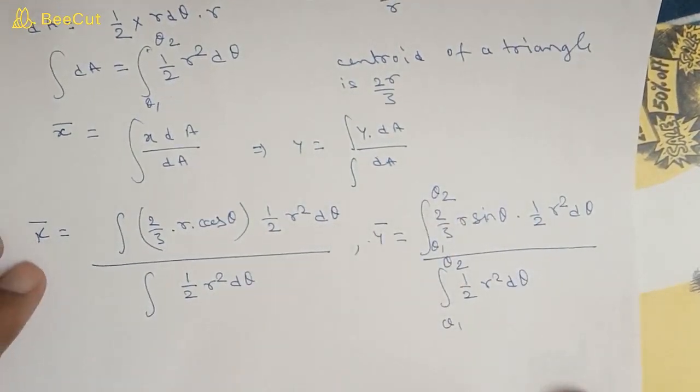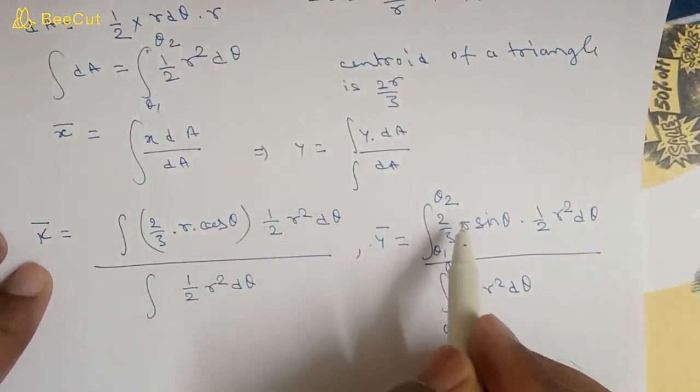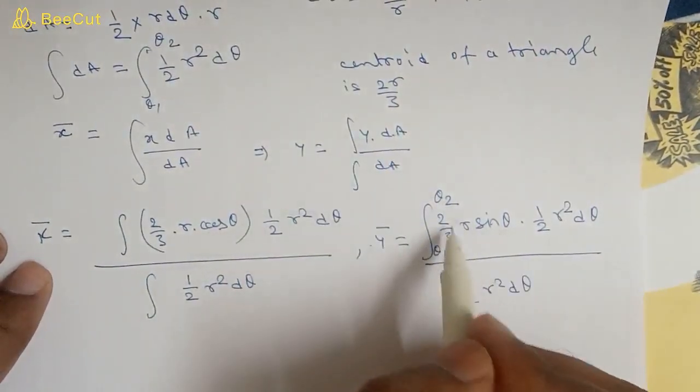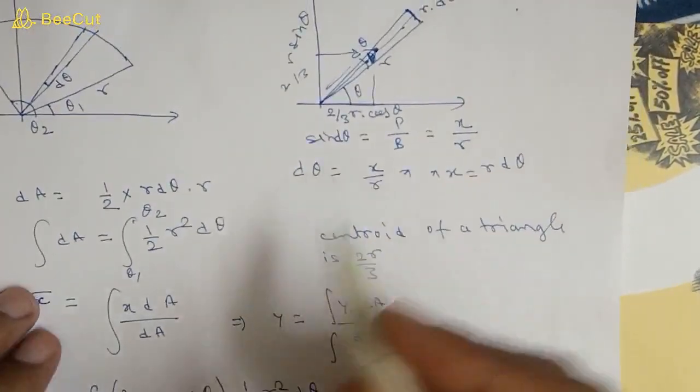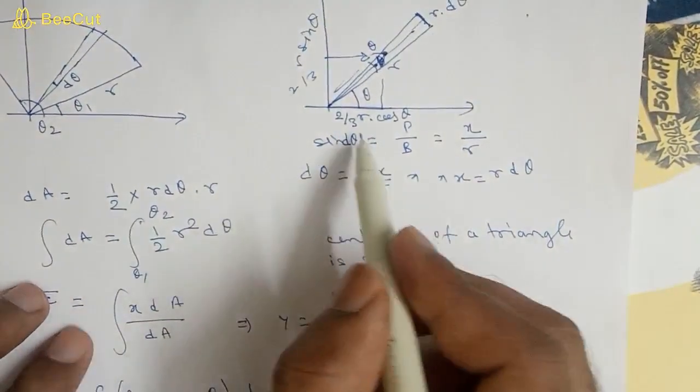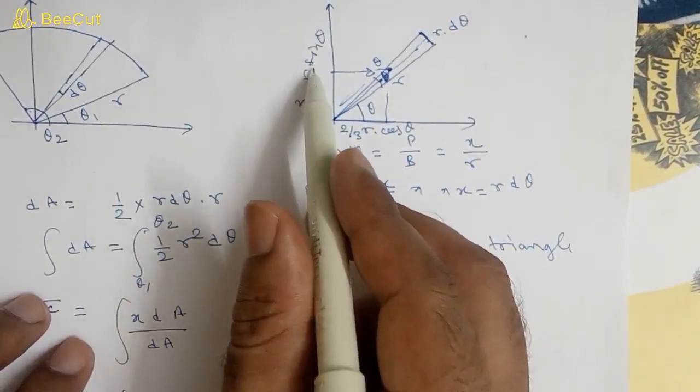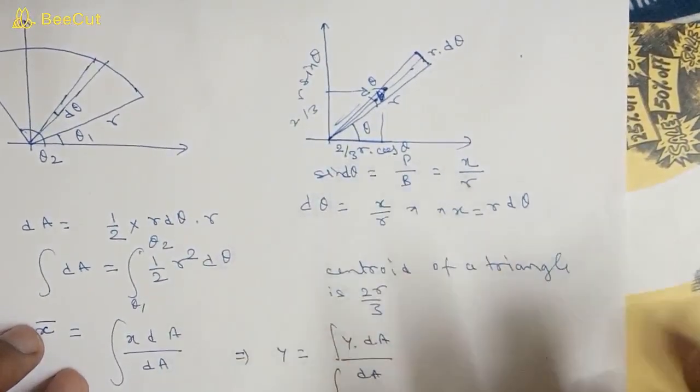I hope you understand till here. We have put the value of dA and y in this equation, where dA is half r square d theta, y is 2 by 3 r sin theta, and x is 2 by 3 r cos theta.